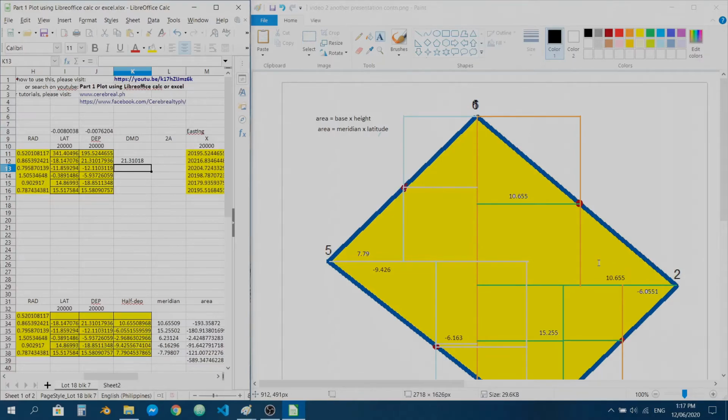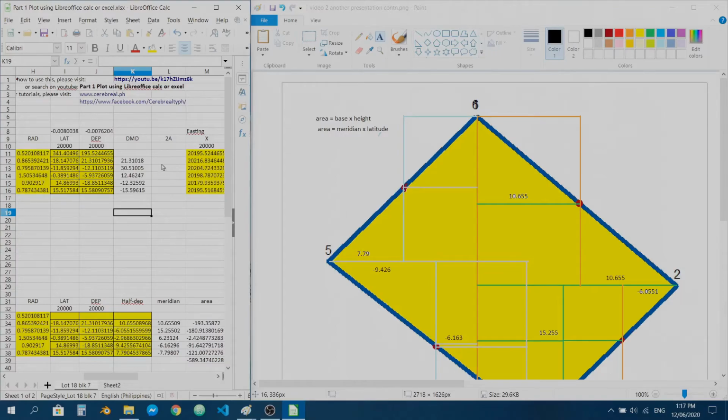You can use that when you subdivide a very large portion, which probably we will do in the next video. So just add the departure and the DMD of the previous line, and then the departure of the present line. We'll do the same for the other lines.